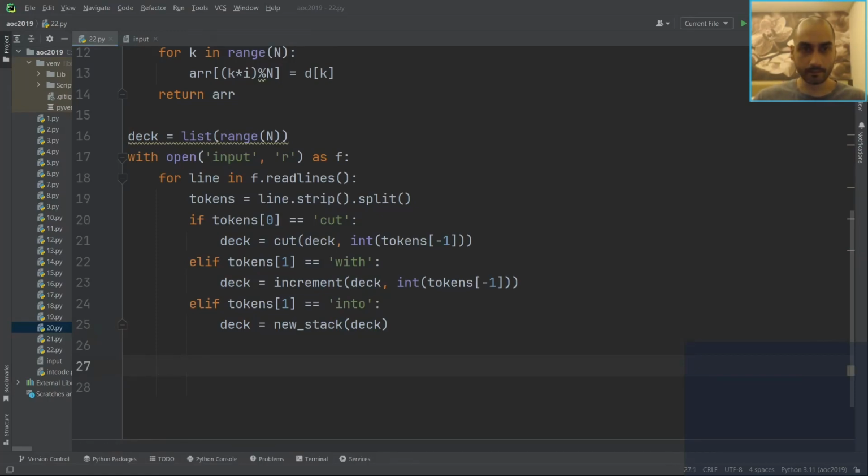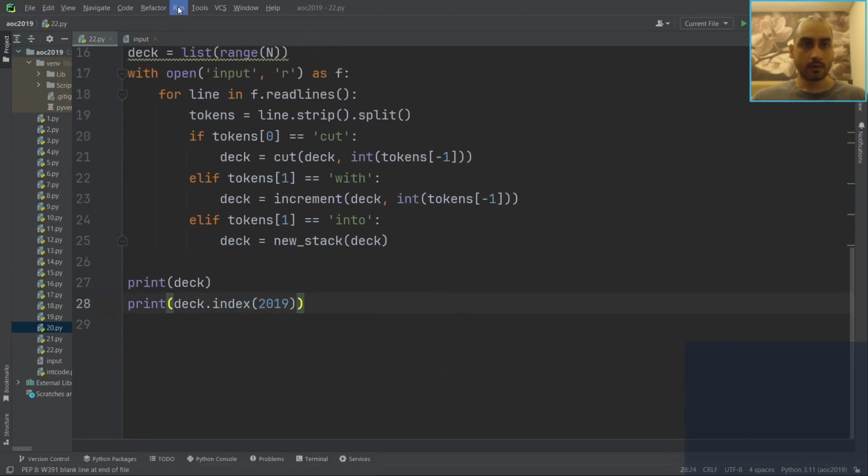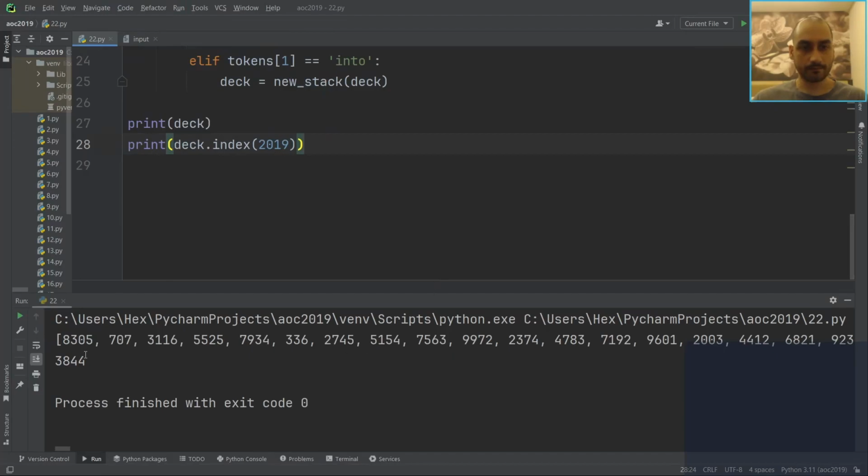And then what? What is the position of card 2019? Alright. Run it. 3844.